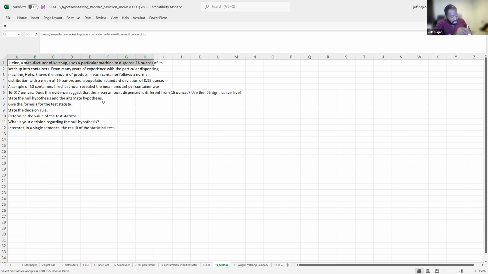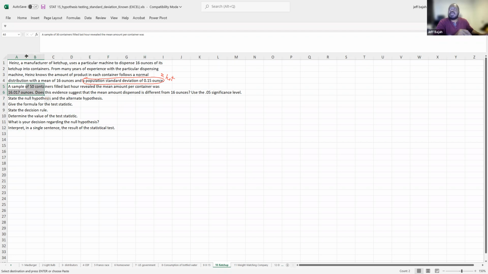Once you see a population standard deviation given, you know that you're going to solve this using a z-test. It's the number one thing you look for. Having a sample of 30 or more is number two, but this is the key one. A sample of 50 containers filled last hour revealed the mean amount was 16.017. So that's the sample mean.